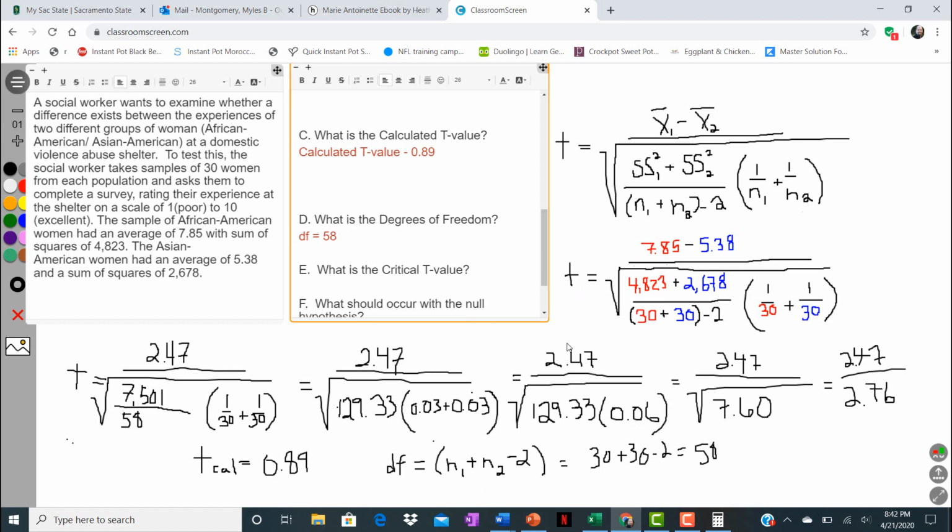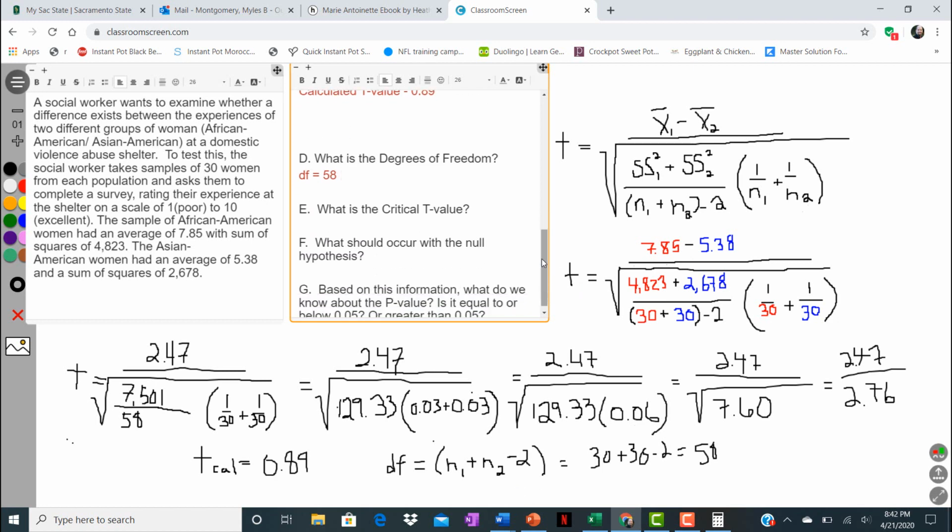If I go to the book, just for reference, I want to be absolutely clear with you, I'm on page 94. There's no 58. So what's the closest number to 58 on the far left-hand side for the degrees of freedom? We have 60. So I'll just use 60. It's the closest. If I go over from 60 three columns, the critical value is going to be 2.00.